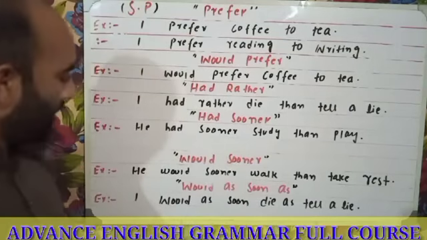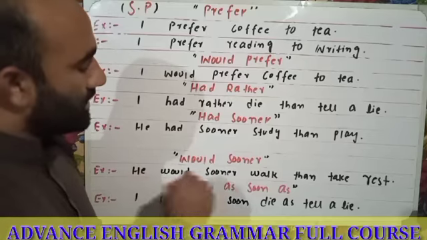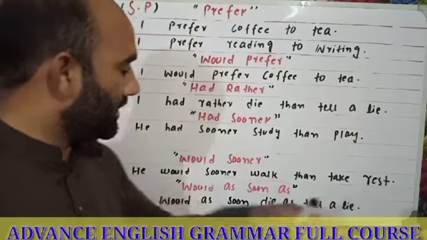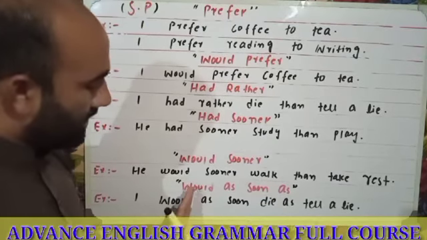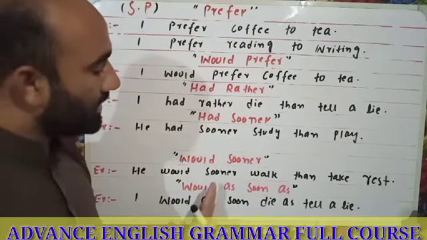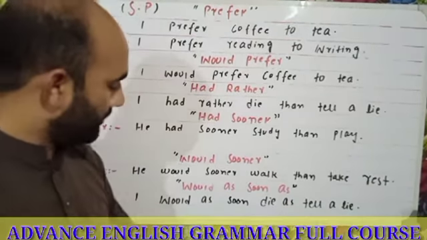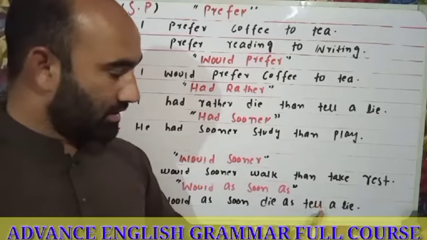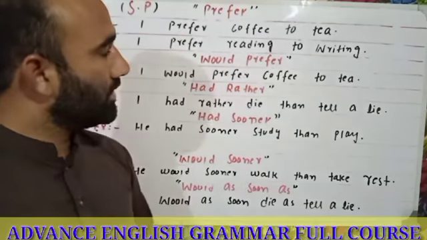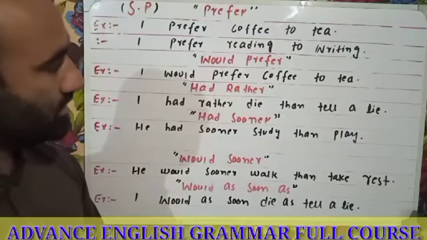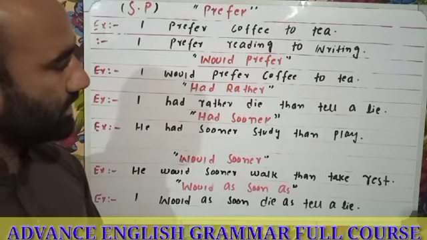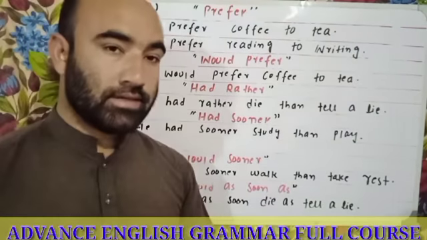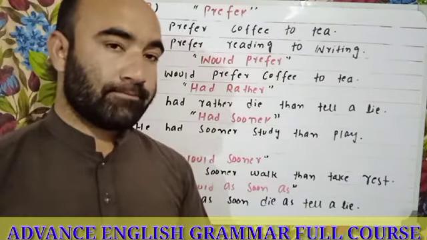Would sooner, he would sooner walk than take rest. In the last example, method, would as soon as. I would as soon die as tell a lie. So these all rules, ways, methods, they are used for preference.